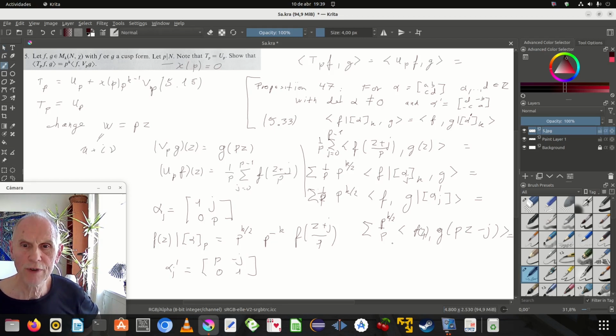So we have p values giving the same, so it's p to k halves. And then we do the same. Oh, I forgot the determinant, p to minus k halves.